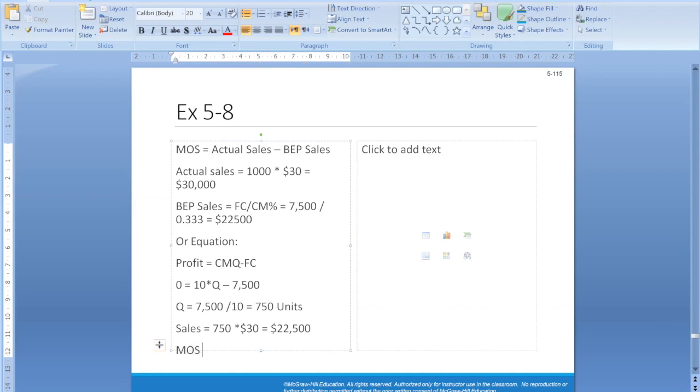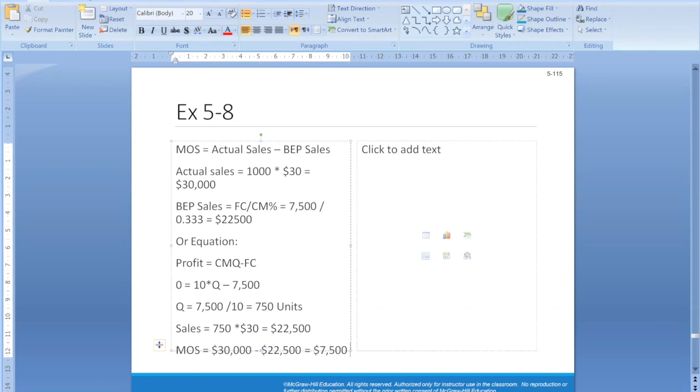So the margin of safety is equal to actual sales, 30,000, minus 22,500. So the margin of safety is equal to $7,500. I'm safe for $7,500.